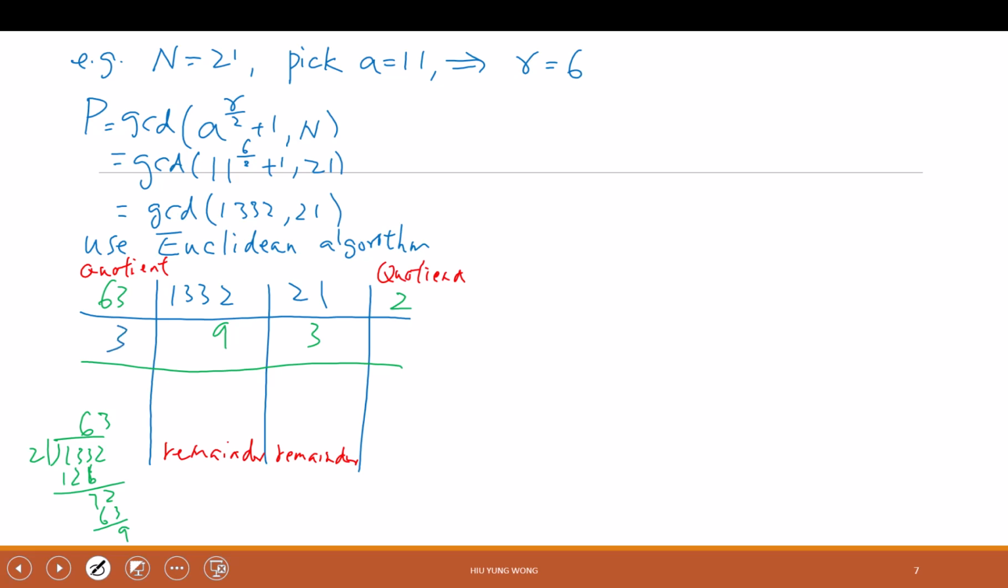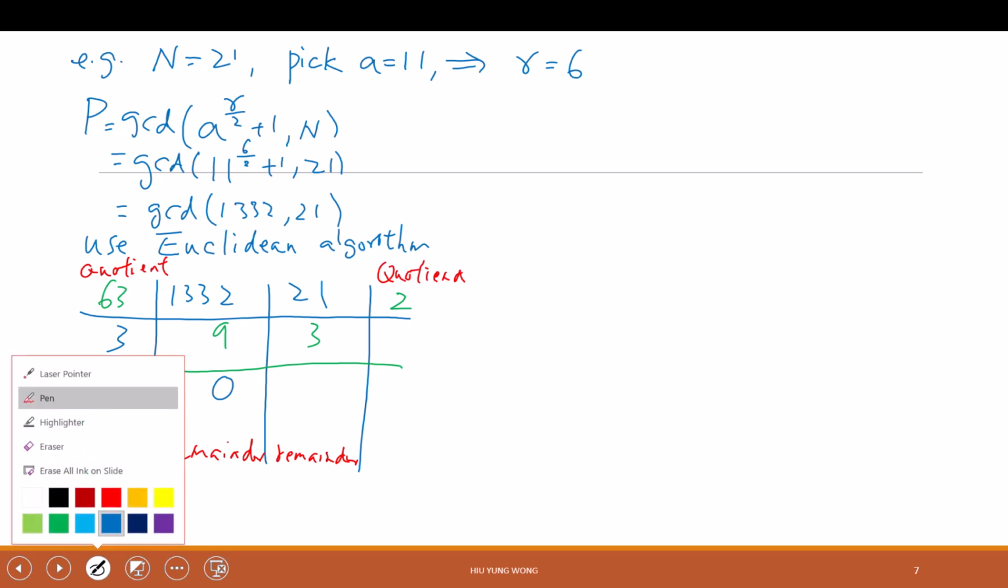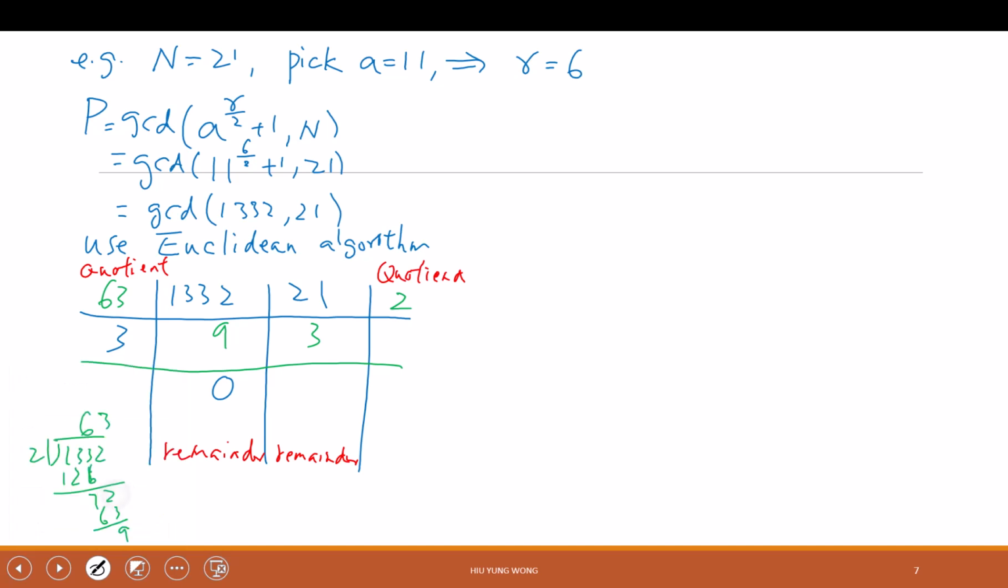It's 3 times 3 plus 0. So I'm done. And the greatest common divisor then turned out to be this. This is the GCD, the last remainder before 0. Okay? So then what does it mean? This equal to P. P equal to 3.